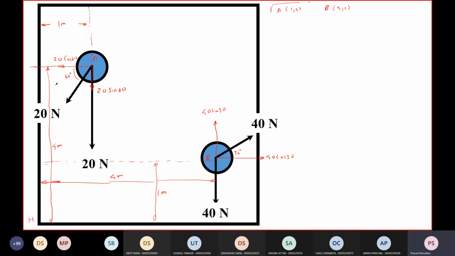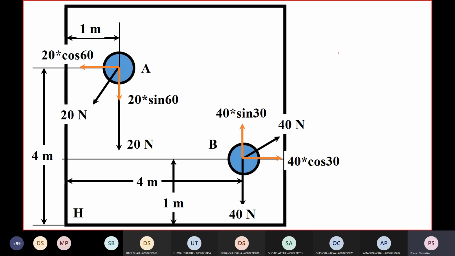So these are the coordinates I have marked. Now let's calculate the moment about H. I have cleaned up the slide, and let's say clockwise positive.